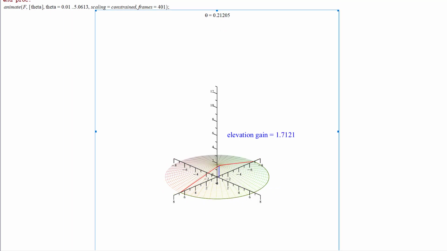So this is the final elevation gain. So here's the cut theta. I should have called it alpha, but so it's going up, and it should keep going up until I get to 1.35. I'll go slowly here. Elevation gain 2.49222.